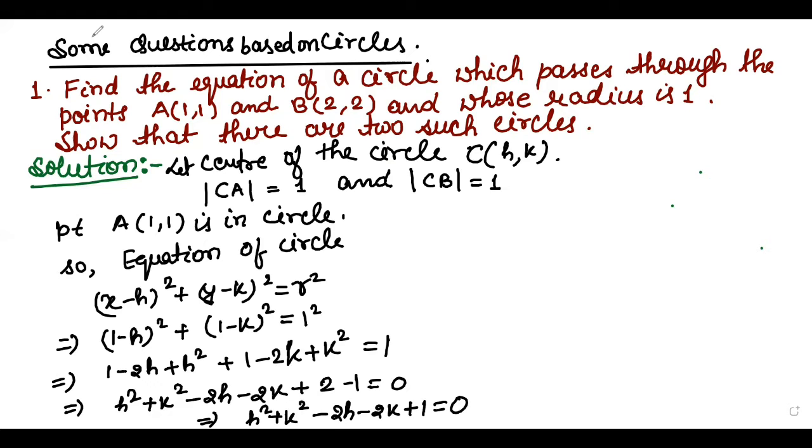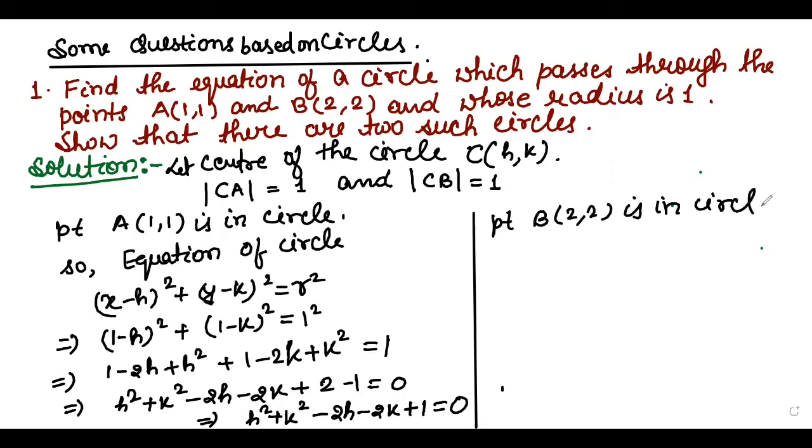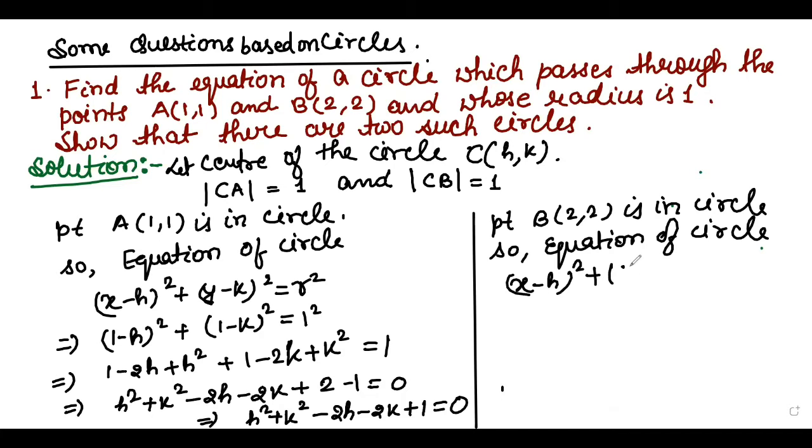Similarly, I'm going to apply point B, that is (2, 2). It is also on the circle, so it will satisfy the equation of the circle. The equation of the circle will be (x minus h) whole square plus (y minus k) whole square equals r square.